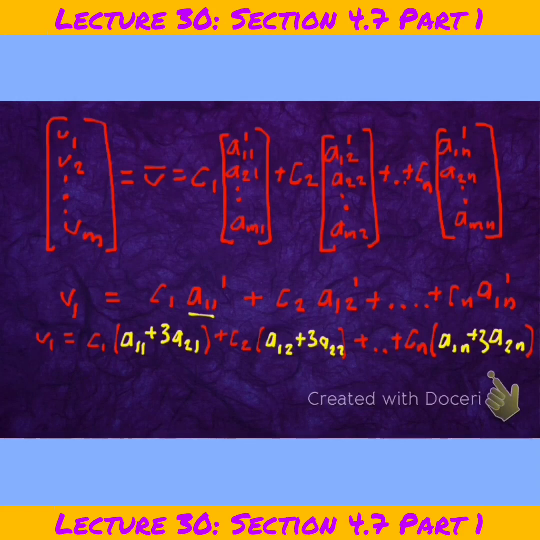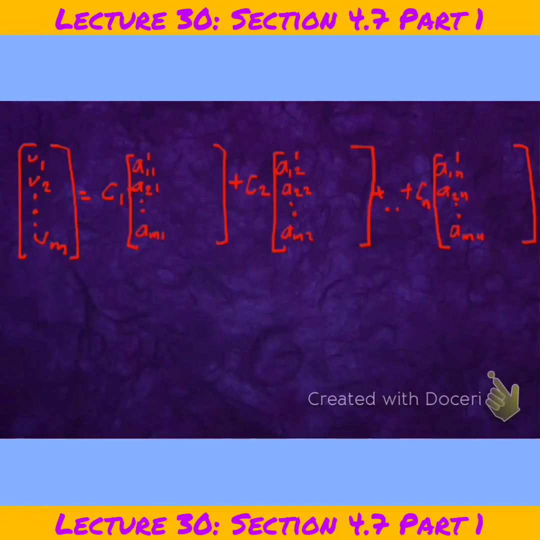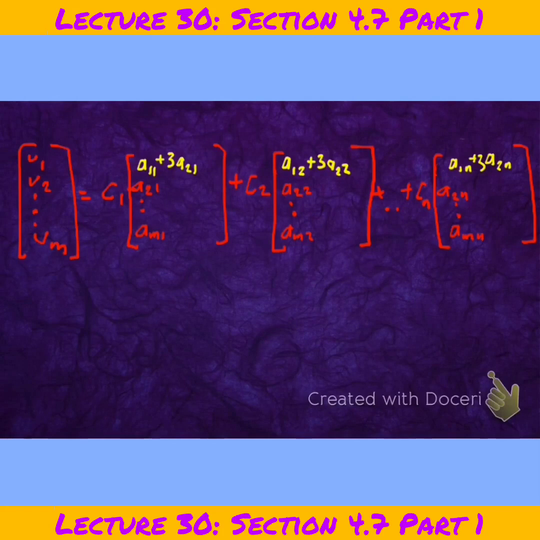Remember, we get A11 prime by taking 3 times the entry in the second row in the first column and adding it to that, and we get the subsequent entries as well. So in my original matrix equation, I do the substitution in the first row and get the following.